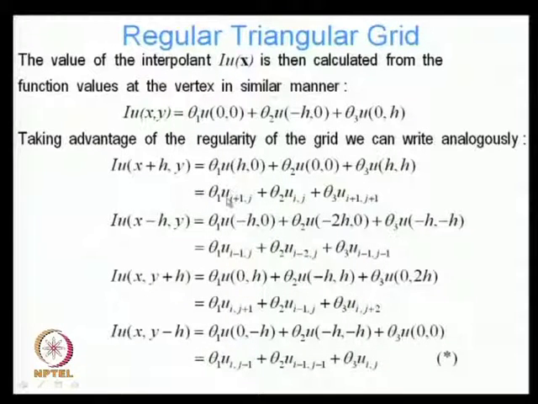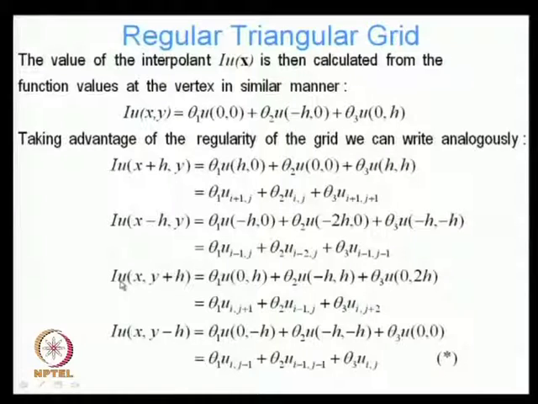So, if I write it in terms of indices, I have u i minus 1 j, right. This is u i minus 2 j, because I have moved negative 2 in the x direction, but I have not moved in the y direction. So, that remains j, and here I have moved 1 in the x direction and 1 in the y direction. So, I have u i minus 1 j minus 1, right.